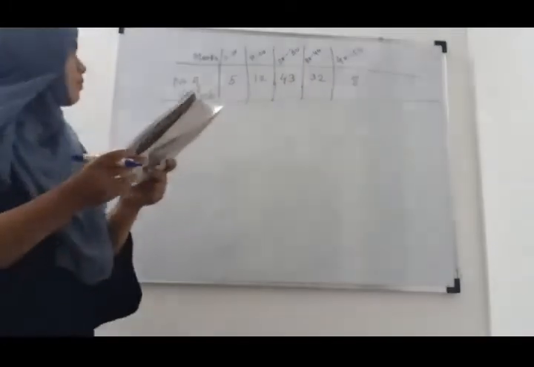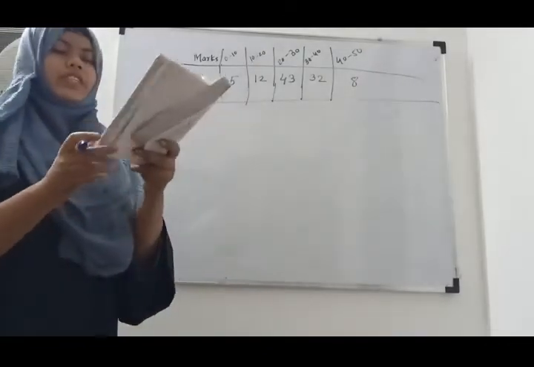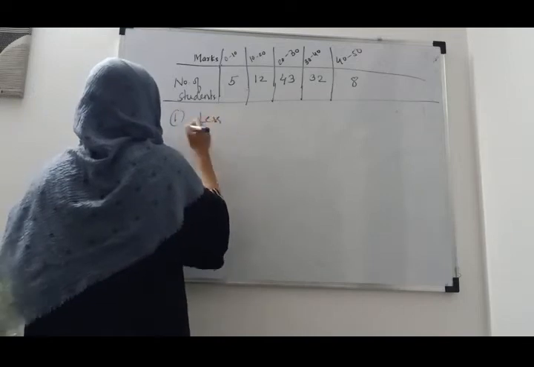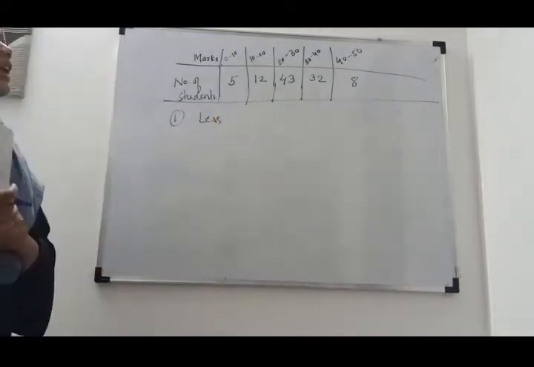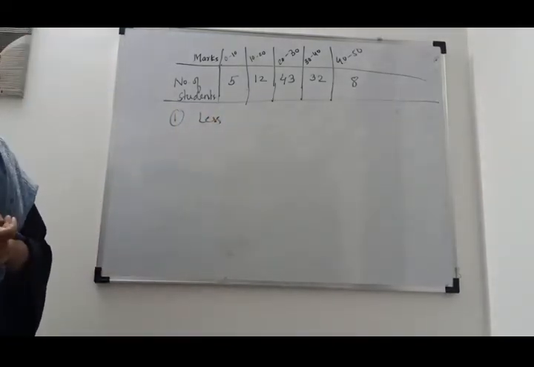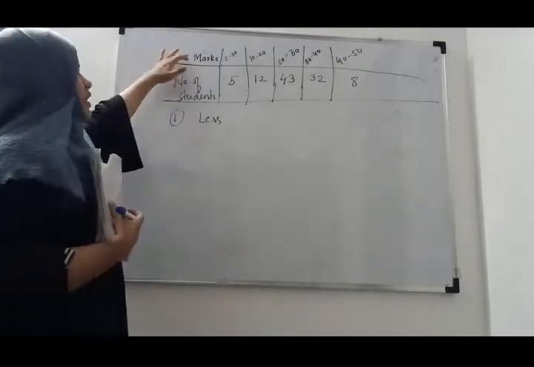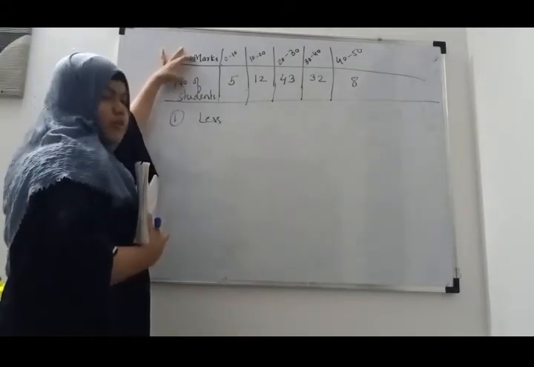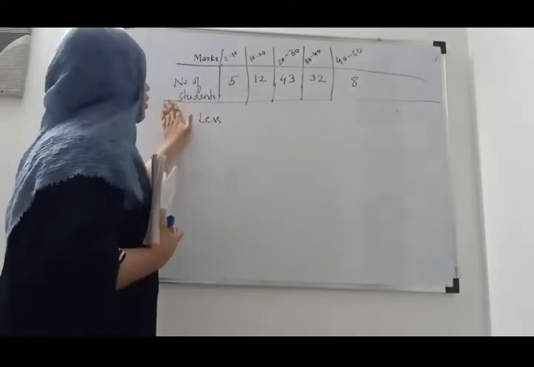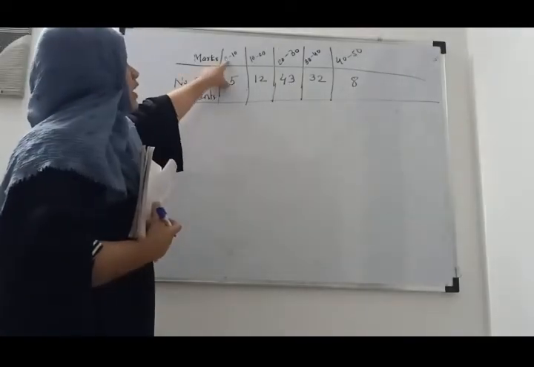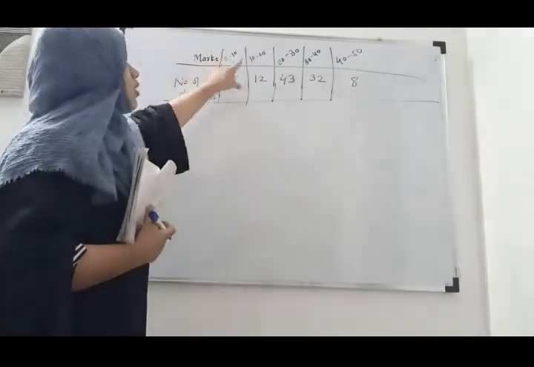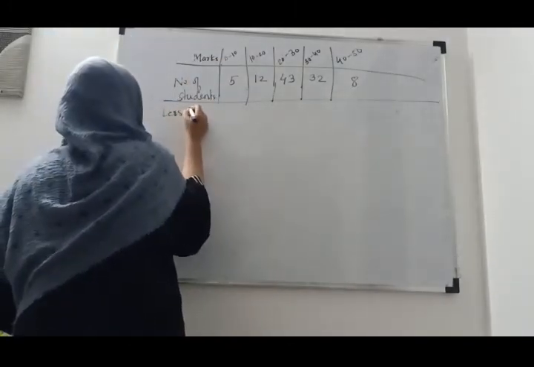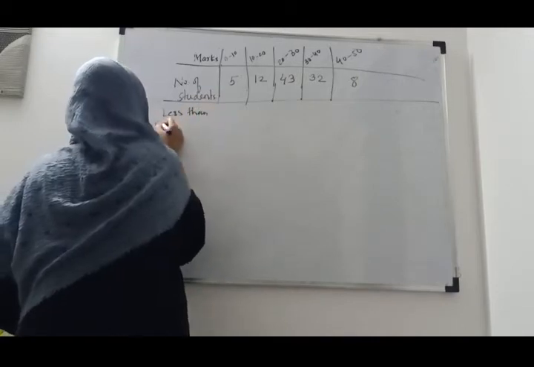Okay, so we will start with first less than curve. Less than cumulative frequency curve. Now first of all, for this we have to find out the less than cumulative frequencies, and then we have to take the upper limits on x-axis.